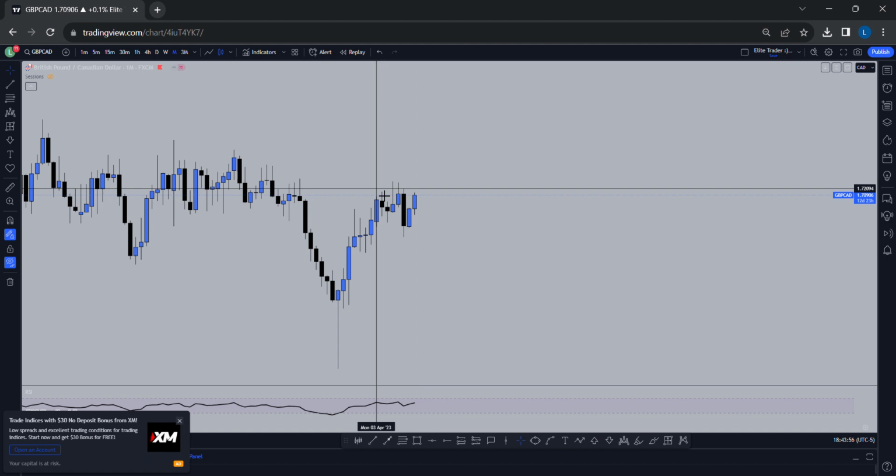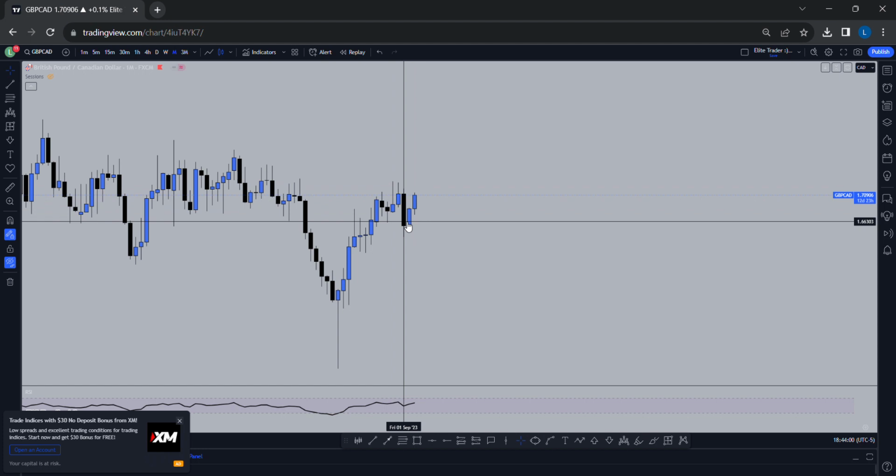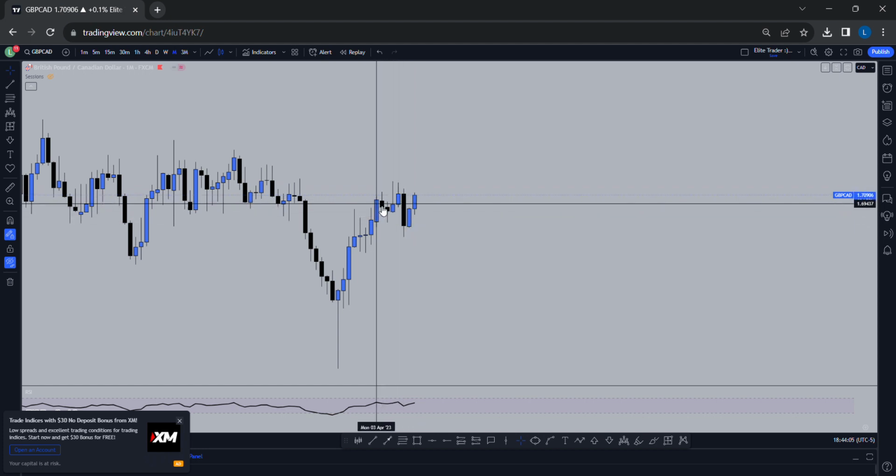Market came to this region and then printed out a bearish variation candlestick engulfing 1, 2, 3, 4, 5, nearly 5 months and nearly half a year. So that's just something to be mindful of.